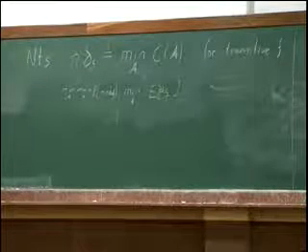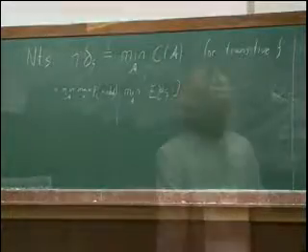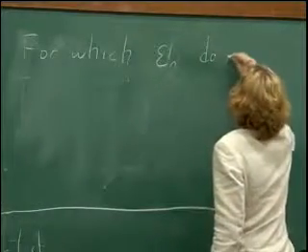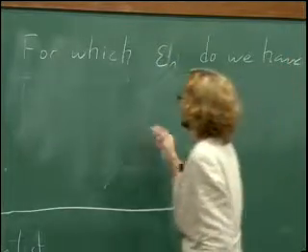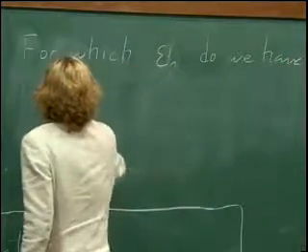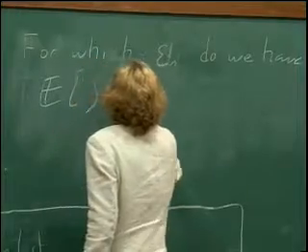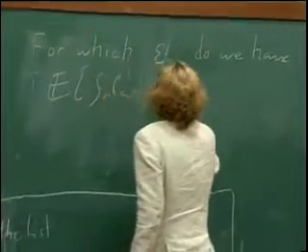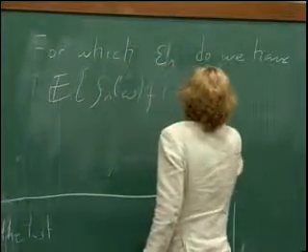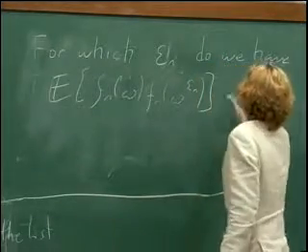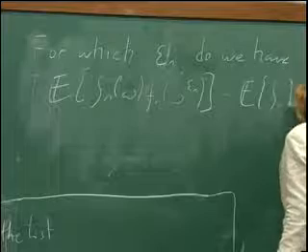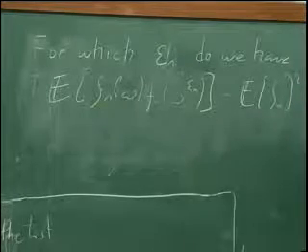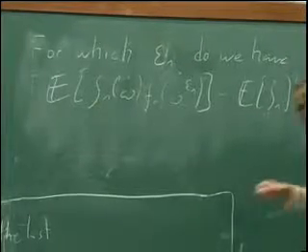So basically, my question is, for which sequences epsilon_n do we have the expected value of f_n(omega) f_n(omega^epsilon_n) minus the expected value of f_n squared tending to 0 with n?